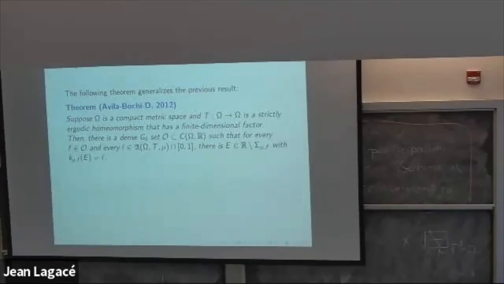So the nice thing about gap labeling is that it tells you not only what the labels and gaps are, but also if you don't have a gap with that label, it tells you precisely where it should be. Because for each sampling function, you have the IDS, and it grows from 0 to 1, and it will take the label value at some energy E. And if there's no gap around it, then you call this a closed gap, right?